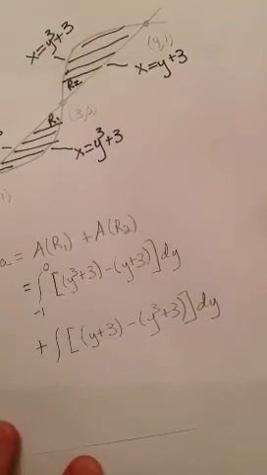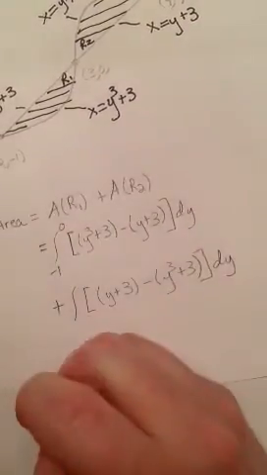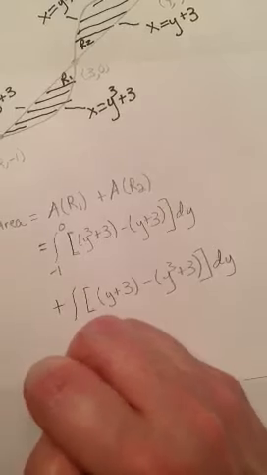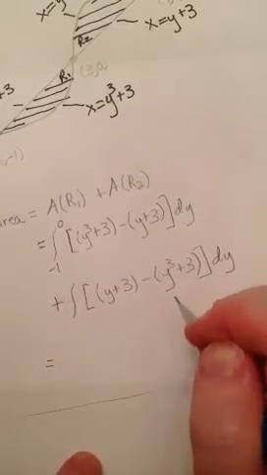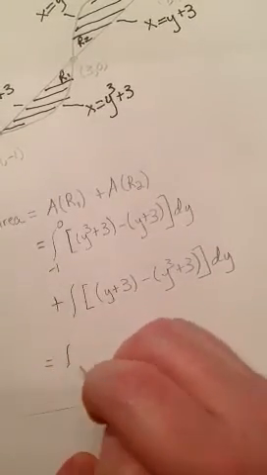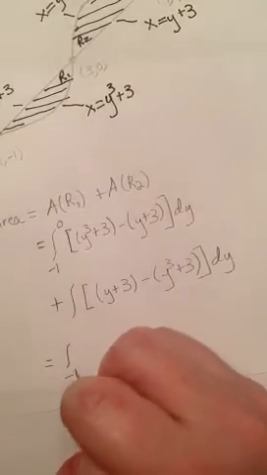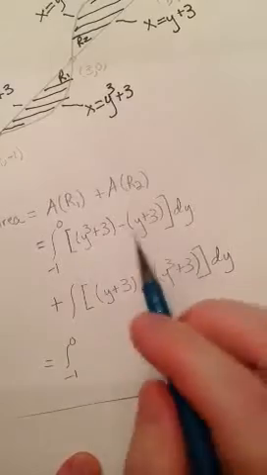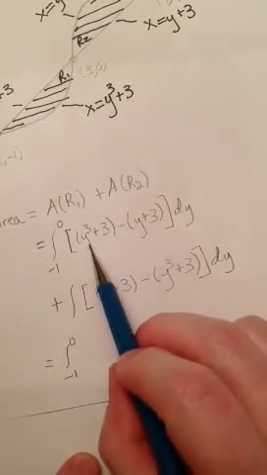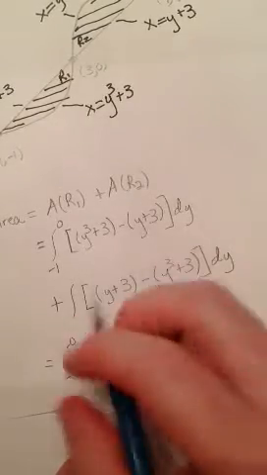And so for the area in region 1, going from -1 to 0, the 3's will cancel, and we have y to the third minus y.